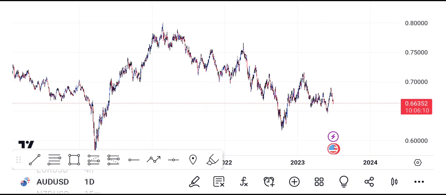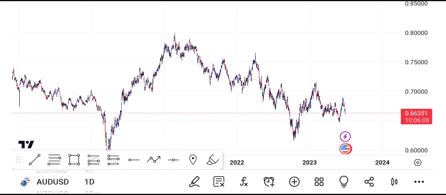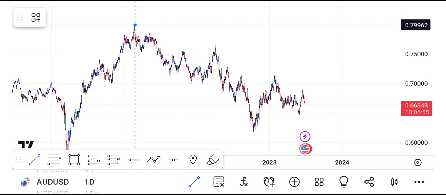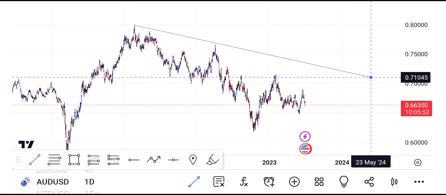Okay, so first, what we want to identify is the trend of price. As you can see, we're actually in a downtrend over here.